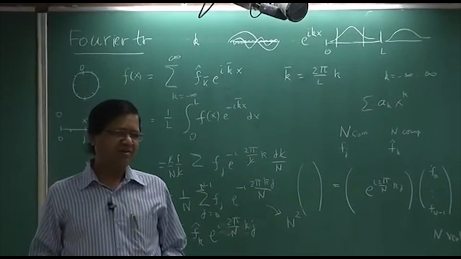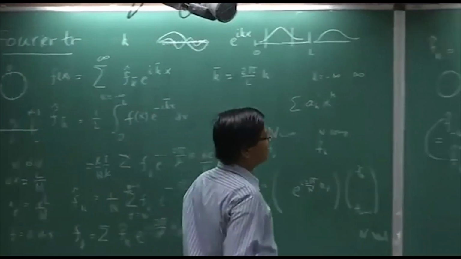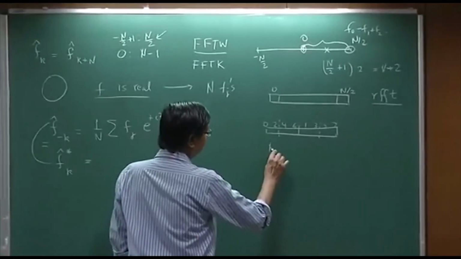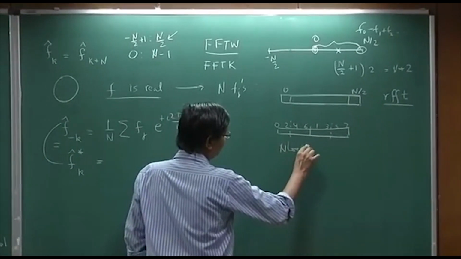This is called divide and conquer, and using this one can do it in n log n instead of n squared.